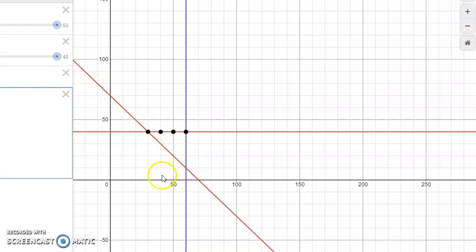And then we have one at 40 and 30. And we're going to have 50 and 30. And one at 60 and 30. Okay?